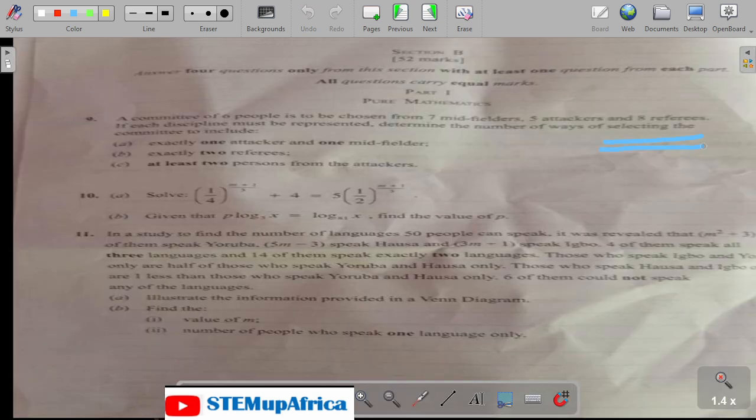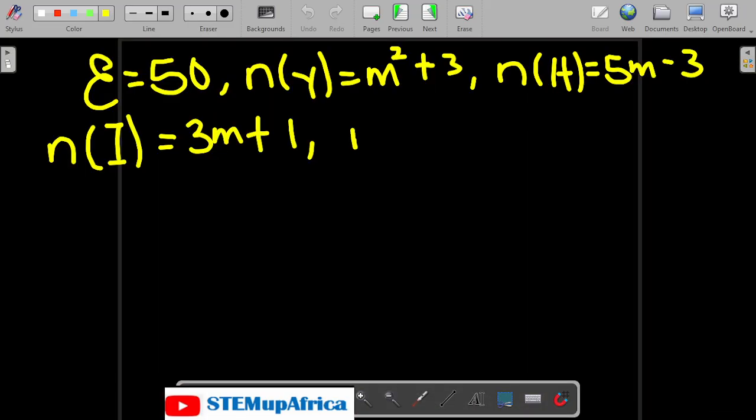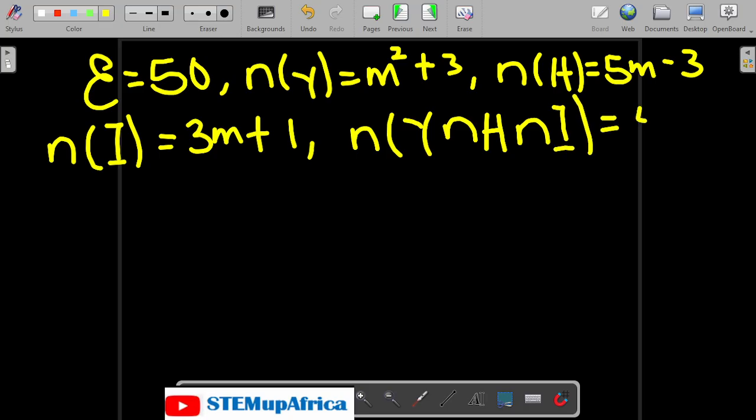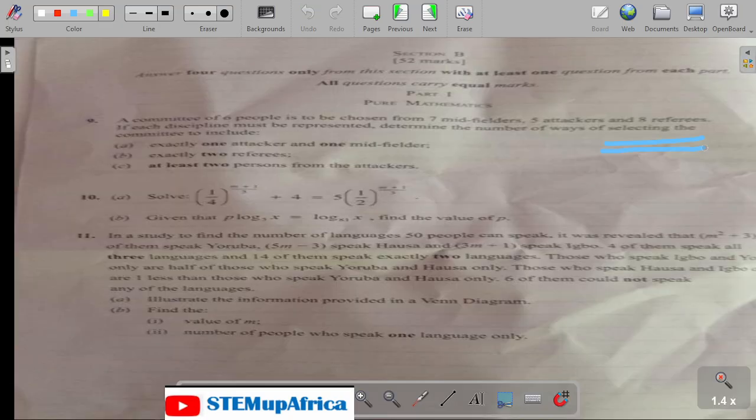Let's continue. It says 4 of them speak all 3 languages. That means the number that speak Yoruba intersection Hausa intersection Igbo is 4.